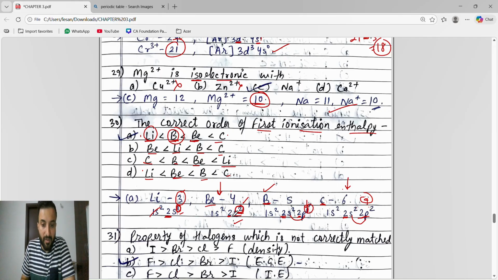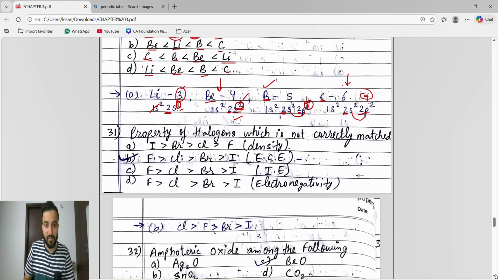Beryllium is in s, which is completely filled. So beryllium will come, and then the remaining is carbon, which went to p, because carbon is 2p2, so it is already bigger. So like this: carbon, beryllium, boron, lithium. I hope you understand this.